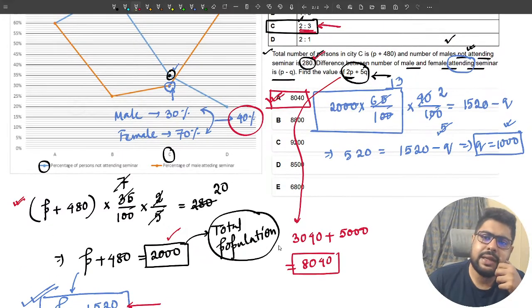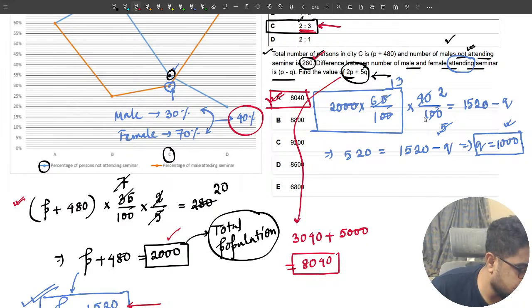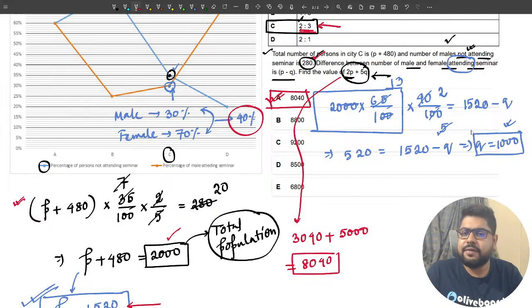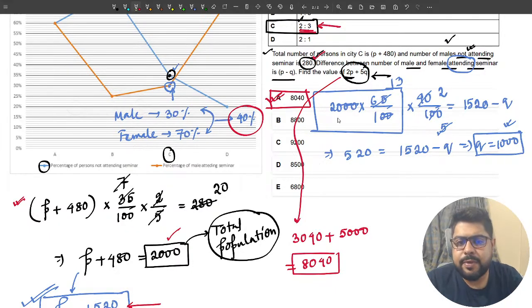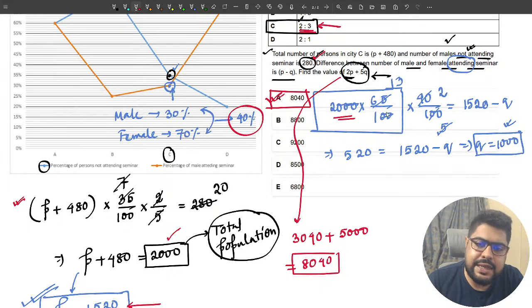Now again, they are asking the difference between male and female. Actually, they have given it. The difference between male and female will be what, sir? 2000 into 65 by 100.